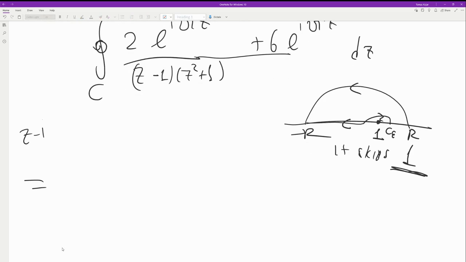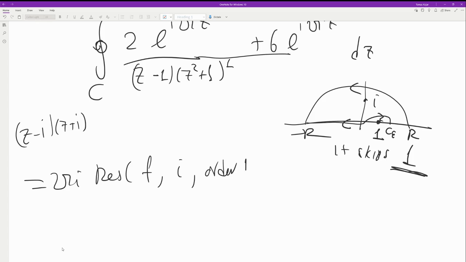Okay, so let's do the residue theorem for this guy. We have z minus i, z plus i. You can straight away see that only one guy matters, i. So we have 2 pi i, and it's order 1. So the residue of this function at i, order 1.